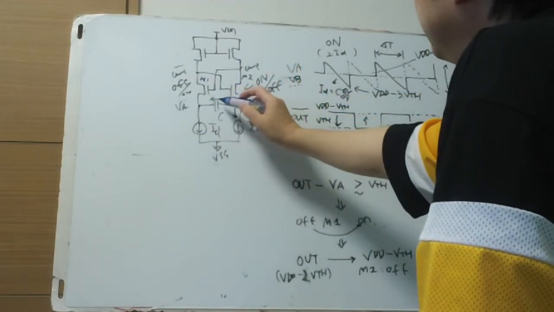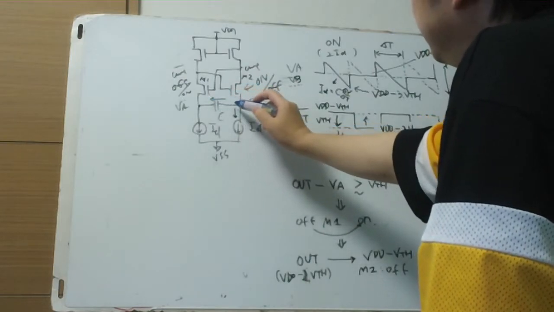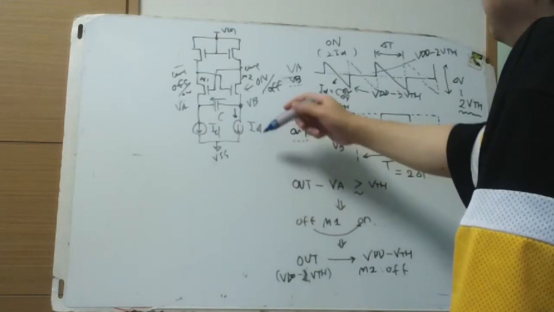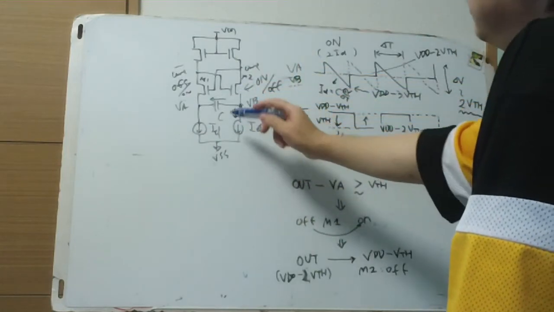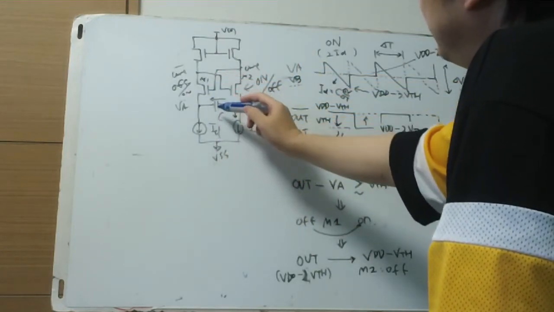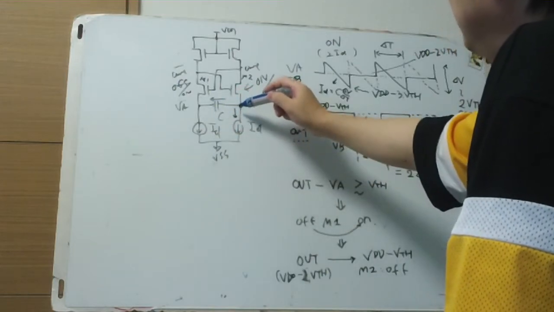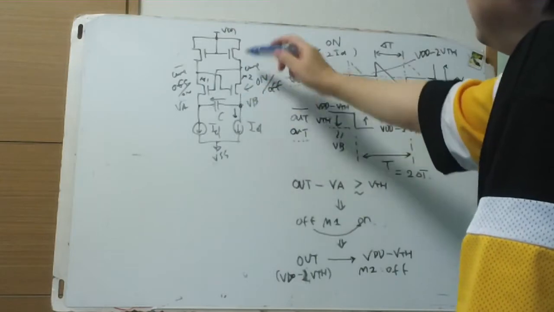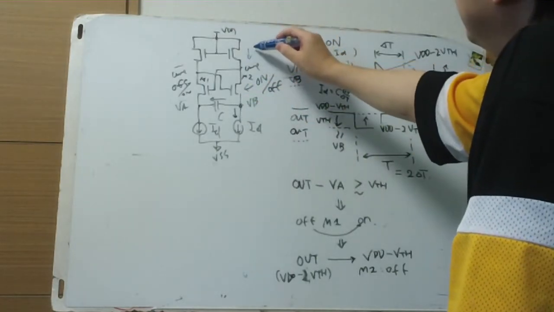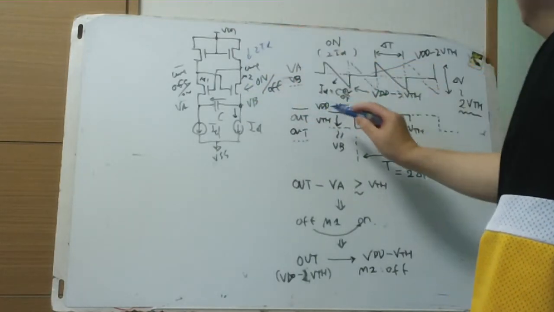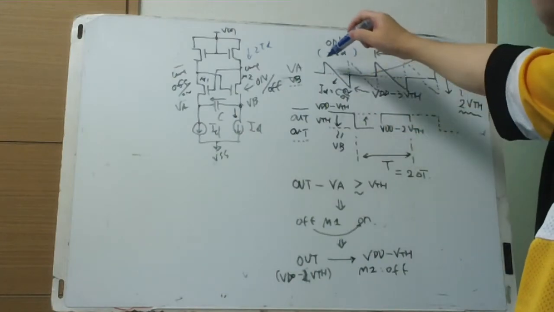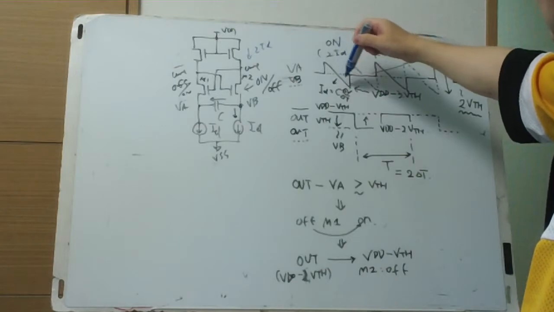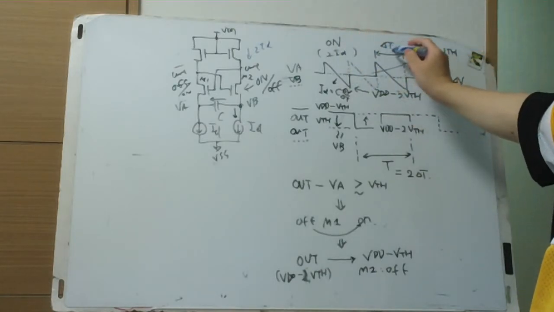Current flows in this direction and also in this direction. This was off, so this current is ID, and this is the same ID. So this needs to draw 2 ID in this time, in this decade. This is VA. VA is discharged around this delta T decade.